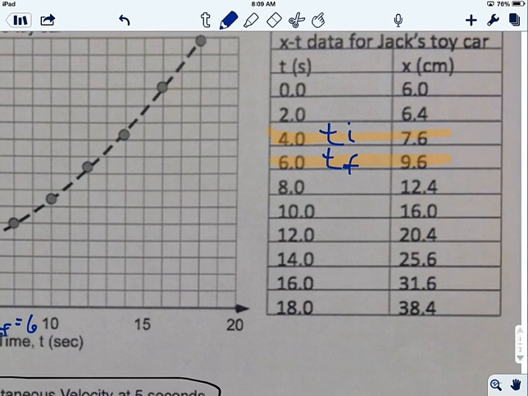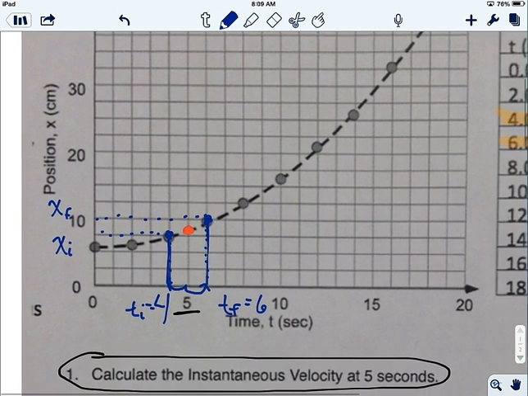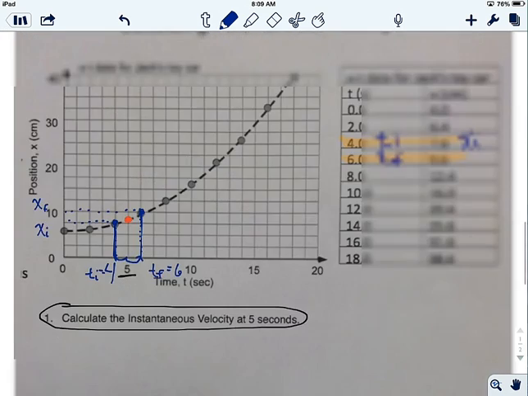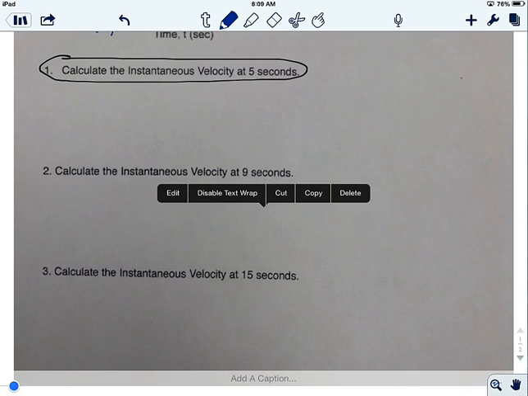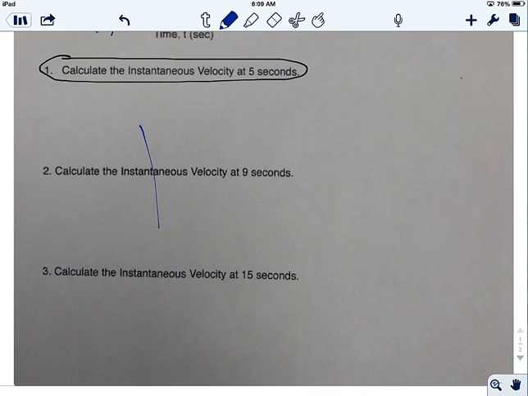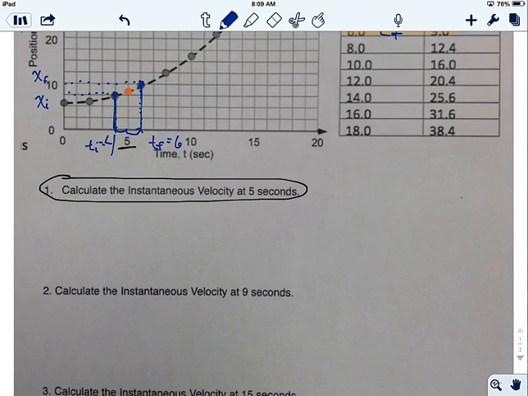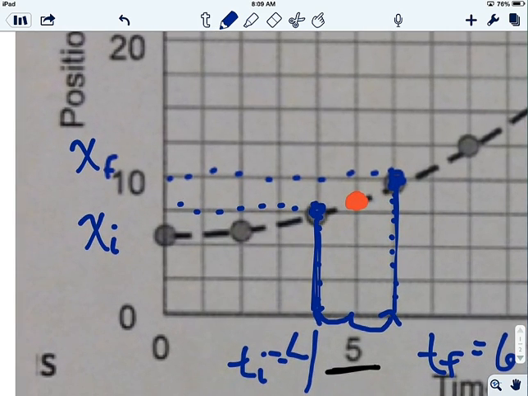Those are equal distances. Now I see that my initial position is going to be 7.6. So I go over here. Sorry, guys. I'm not being very savvy with this thing this morning. So my initial position here was 7.6, and that looks about right.